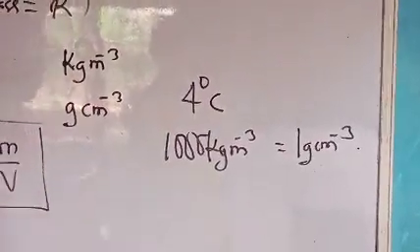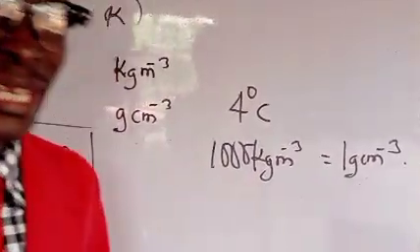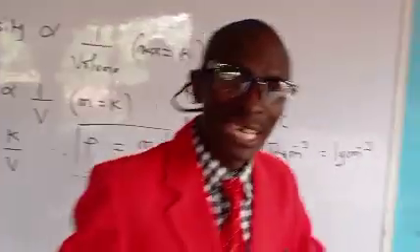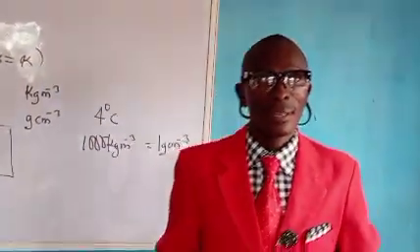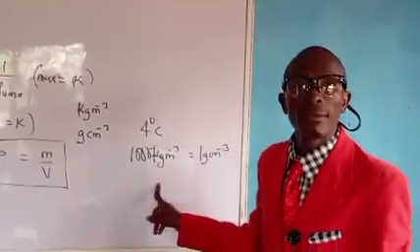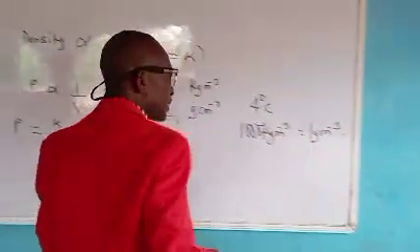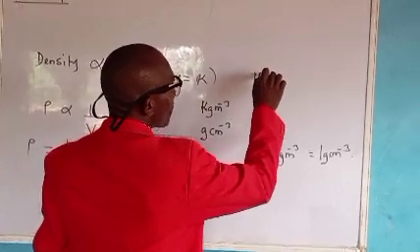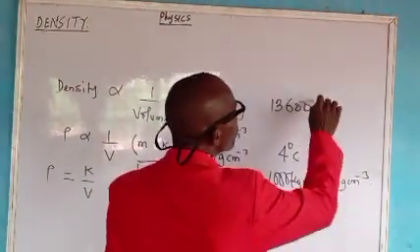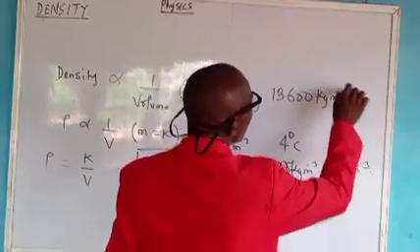Because now, in liquid generally, mercury is the most dense liquid. Mercury is the only liquid that is denser than water. Because the density of mercury is 13,600 kilogram per meter cube.